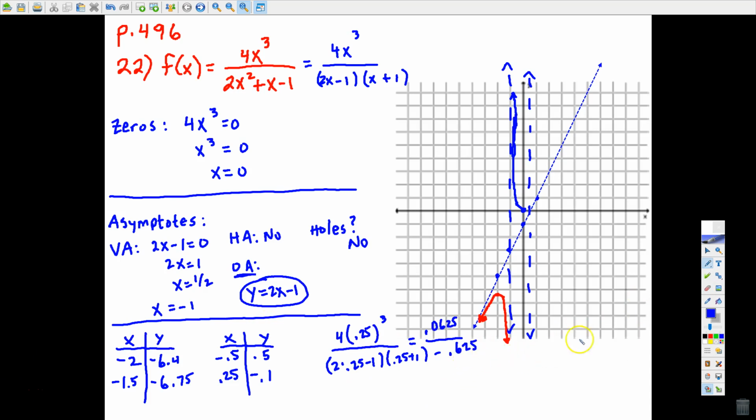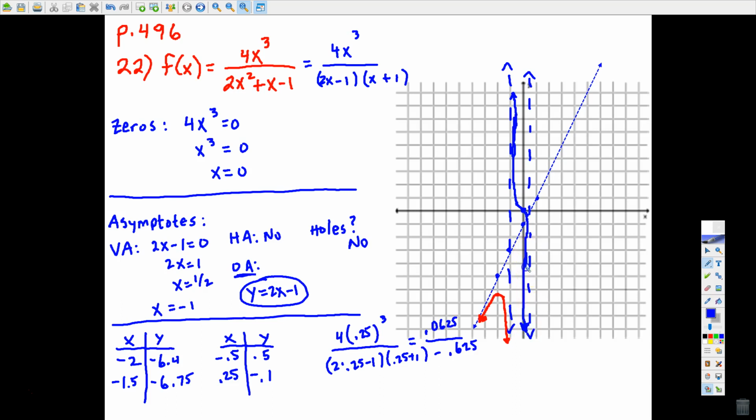All right. Okay, so to save a little bit of time, hopefully you were able to use your calculator, and when you input 0.25, hopefully you got an output of -0.1, which puts us just barely below the x-axis. So now we have assurance that we're going to pass through this x-intercept, and we're going to pass through 1/4, -0.1, and then we're just going to follow this vertical asymptote as f of x approaches -infinity.